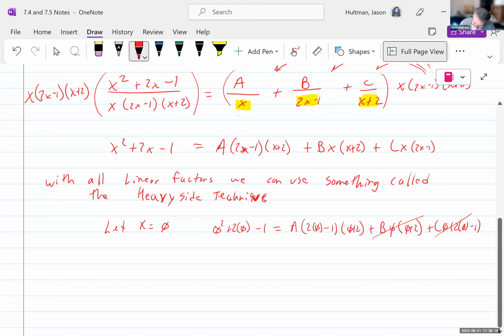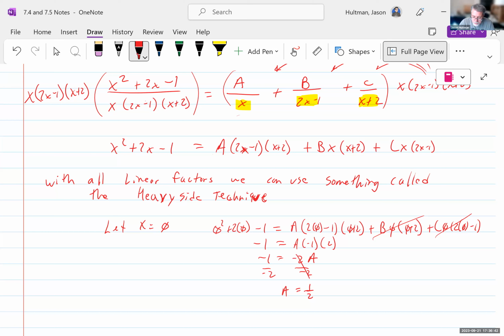So over on the left side, I get -1. On the right side, I get 2 times 0, which is 0, times -1. So this is a times -1 times 2. So I get -1 is equal to -2a divided by -2, and a equals 1/2.